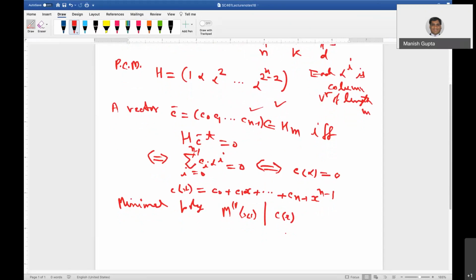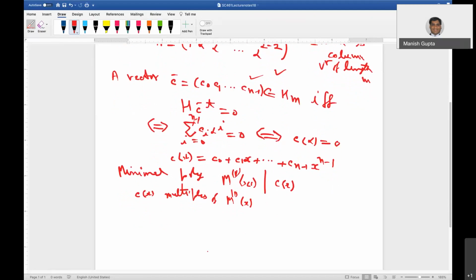This implies that every codeword c(x) consists of multiples of the minimal polynomial m1(x). So the Hamming code is a cyclic code.